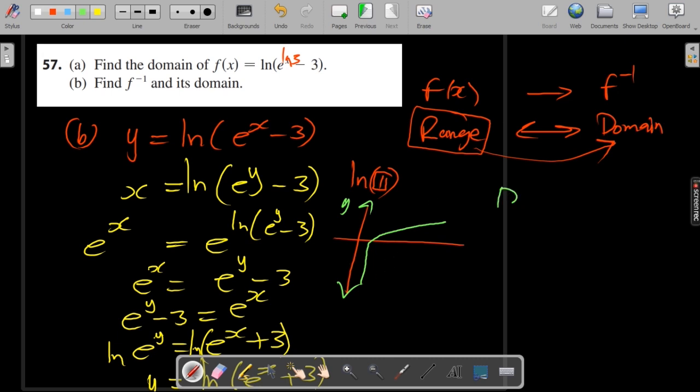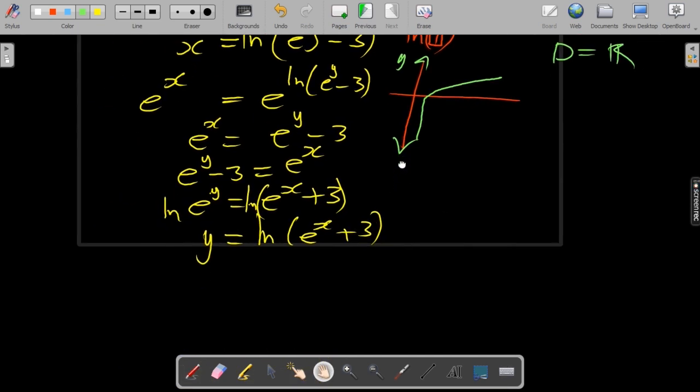And that would be the domain of this inverse function. So the range that you would have there would now be the domain of this inverse function that we just found over here.